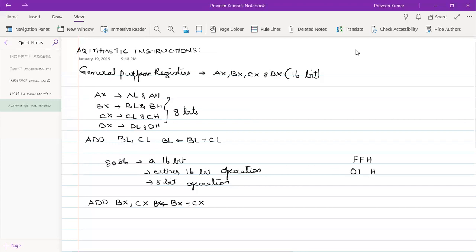Now if I'm adding two numbers like this, what is FF? 1, 1, 1, 1 and 1, 1, 1, 1, and 0, 0, 0, 0, 0, 0, 0 and 1. If I add these two numbers, 1 plus 1 will be 0, so there will be again a carry, and 0, a carry, 0, a carry, 0, and so on.